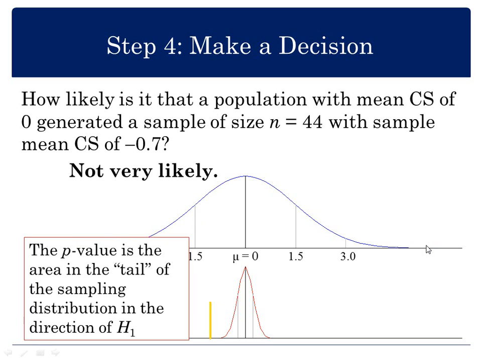Here's my population, centered at 0, standard deviation of 1.5. I let the mathematics kick in because I'm not doing 1,000 different samples and figuring out where my particular sample falls on that histogram. So I call on the central limit theorem to tell me the distribution of sample means if I'm taking samples of size 44.